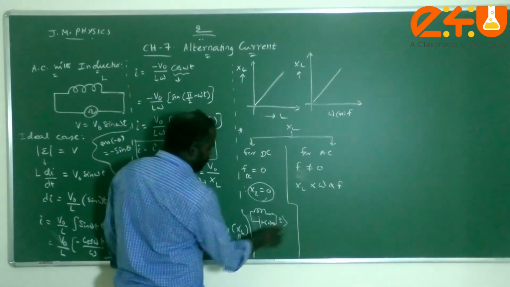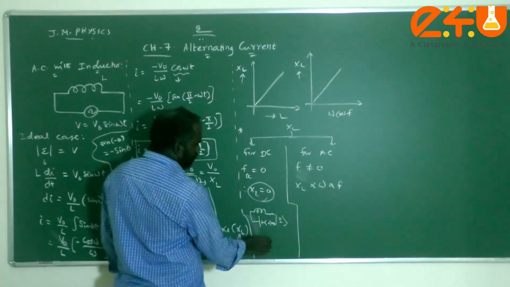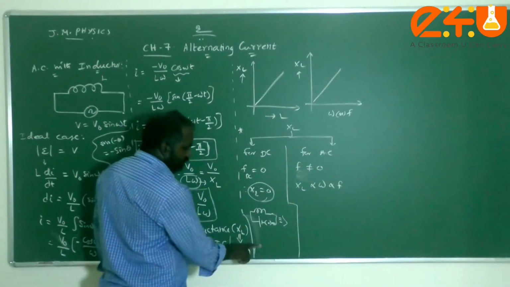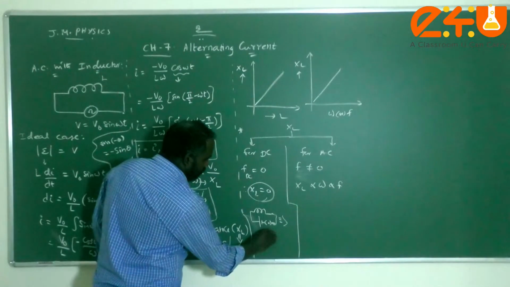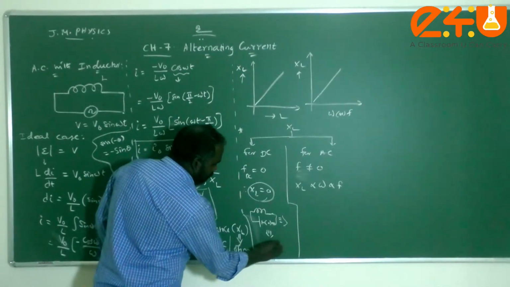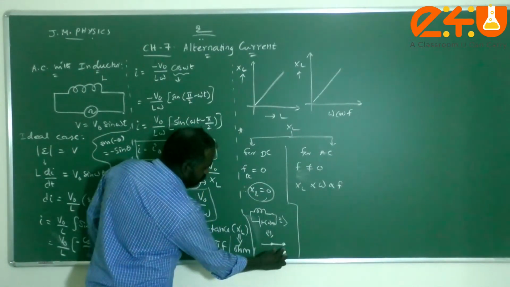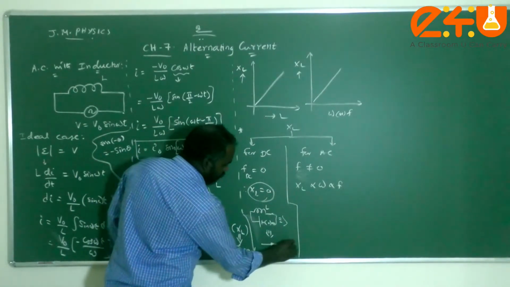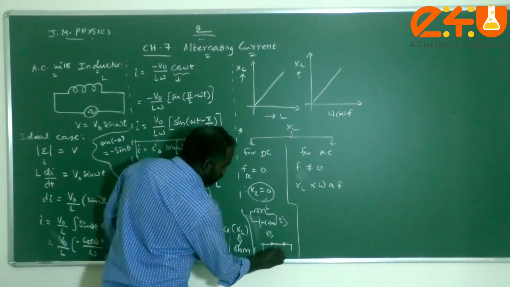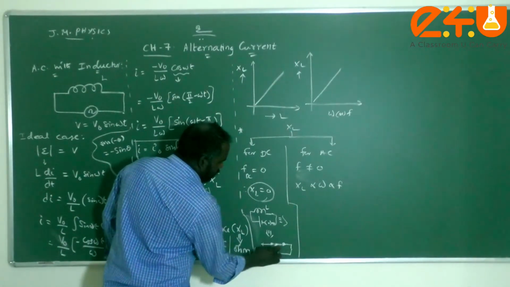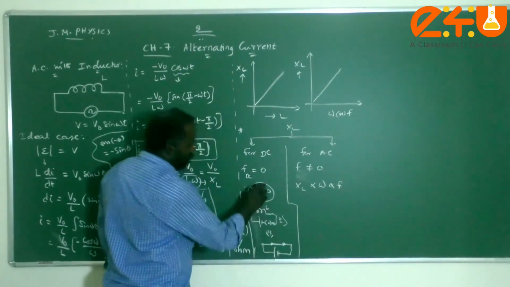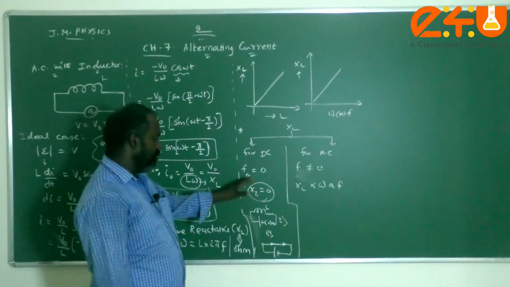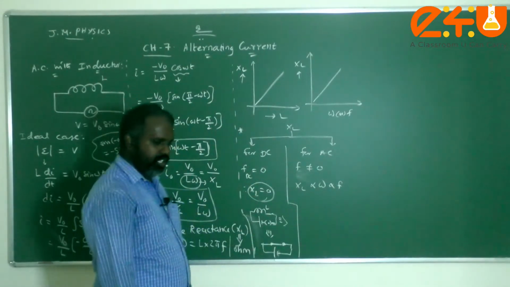So the inductor is equivalent to a connecting wire. That means the inductor is considered a short circuit when a DC source is connected.